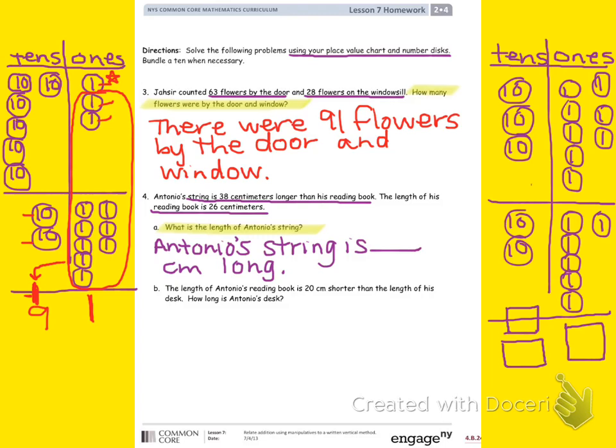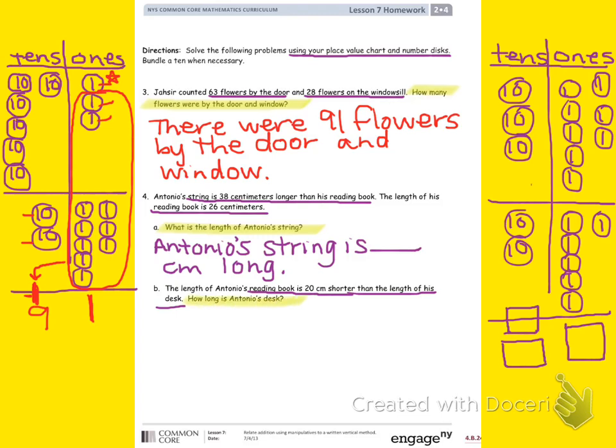Item B. The length of Antonio's reading book is 20 centimeters shorter than the length of his desk. How long is Antonio's desk? Again, I'm going to underline the important details. The reading book is 20 centimeters shorter than the length of his desk. Highlight the question.